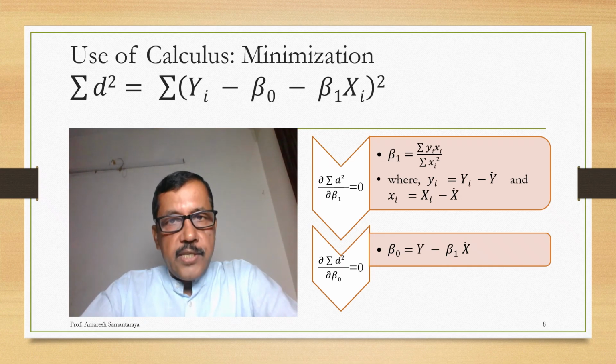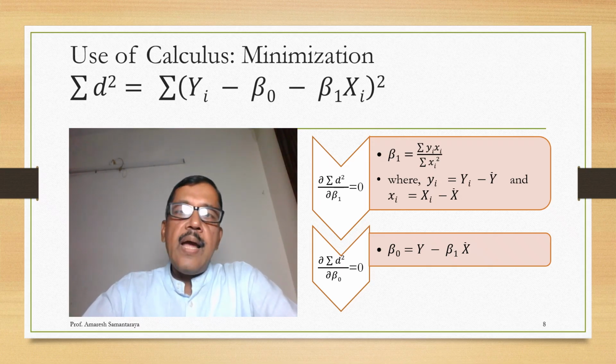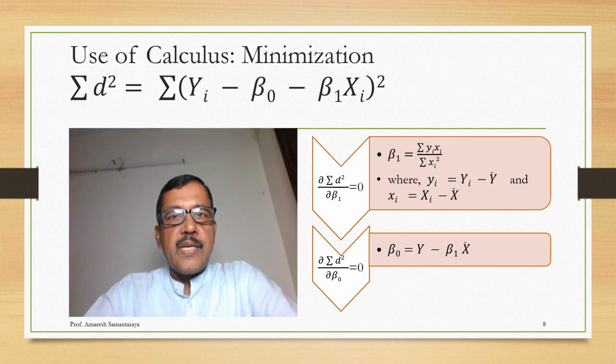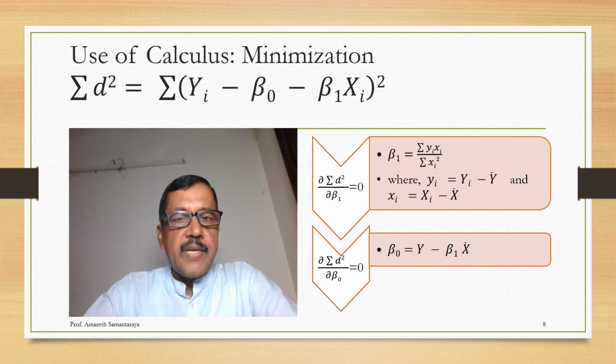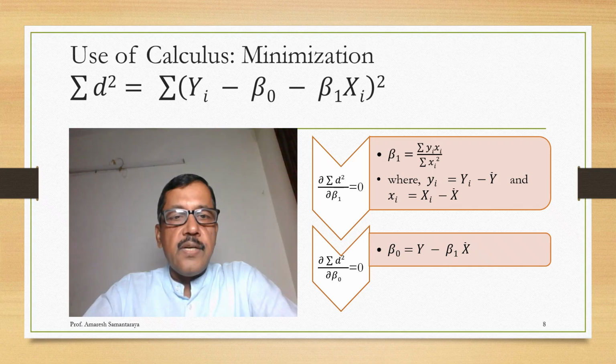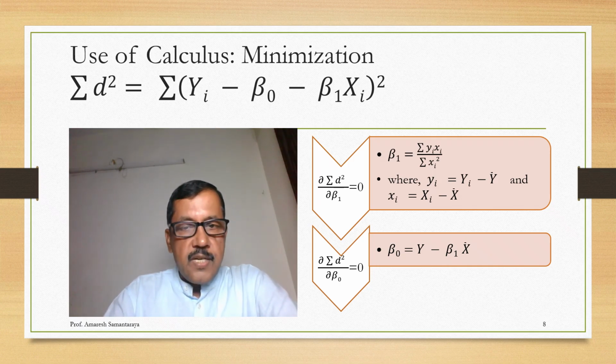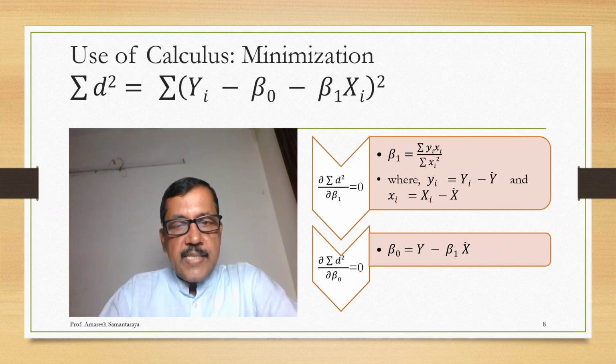That anyway will not lead to any solution. So we are taking help of calculus and using the optimization principle, particularly from unconstrained optimization. The first order condition suggests that for a minimization, the first order partial derivatives with respect to beta 0 and beta 1 here should be equal to 0. So the first order condition is given by the partial derivative of summation of d square with respect to beta 1 in the first equation here. This should be equal to 0.